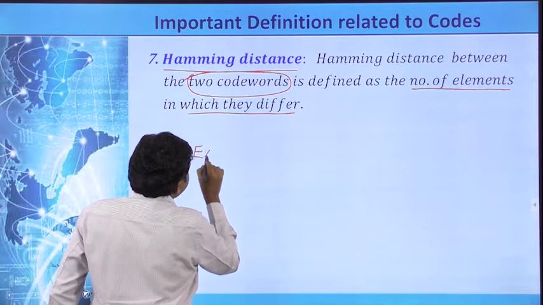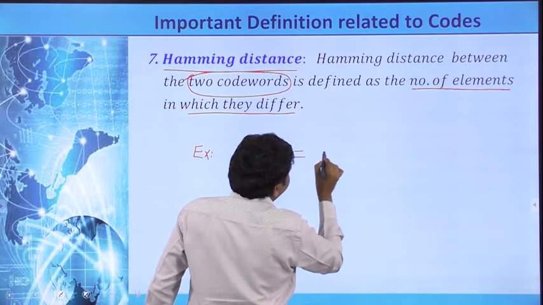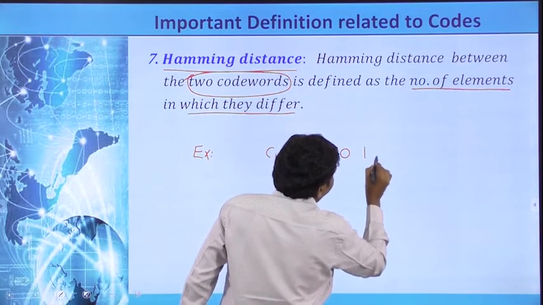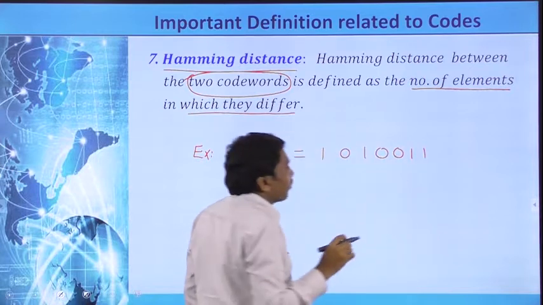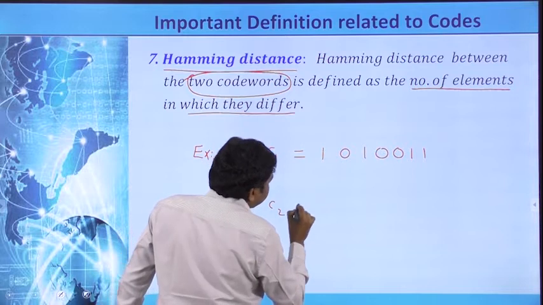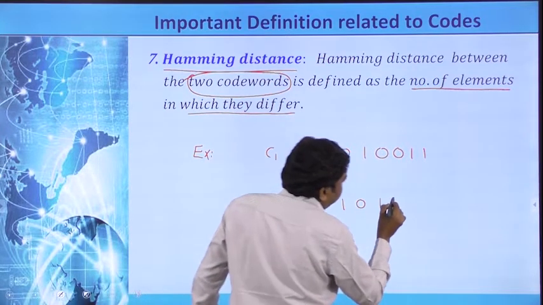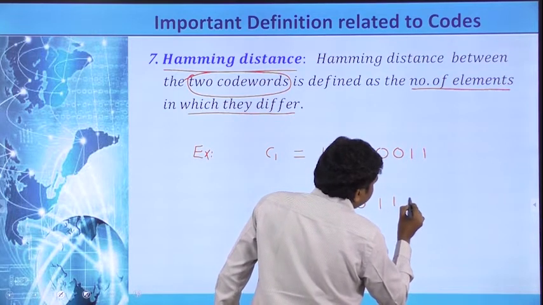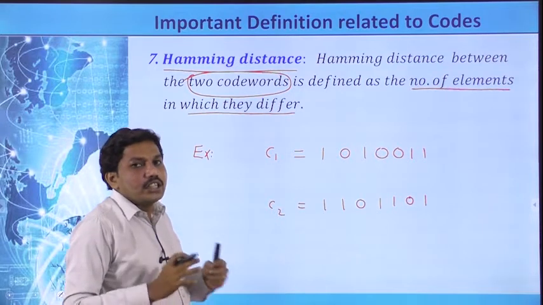I am considering one of the code words, let us say C1 equal to 1 0 1 0 0 1 1. The second code word I am considering as 1 1 0 1 1 0 1. So I am considering two code words C1 and C2.